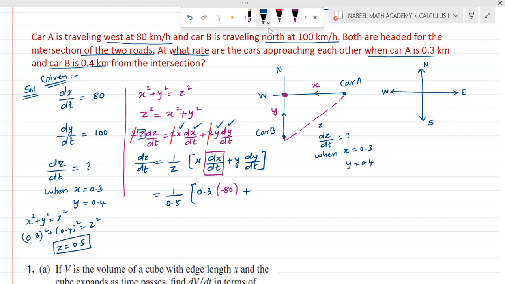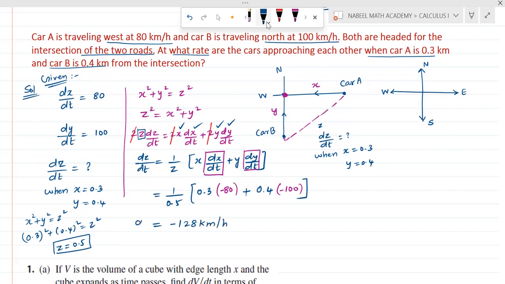Now here the next one, 0.4, and similarly dy over dt is also minus 100 kilometers per hour, because it moves towards the intersection, so the distance will be reduced. Now if you simplify this one, you will get minus 128 kilometers per hour.